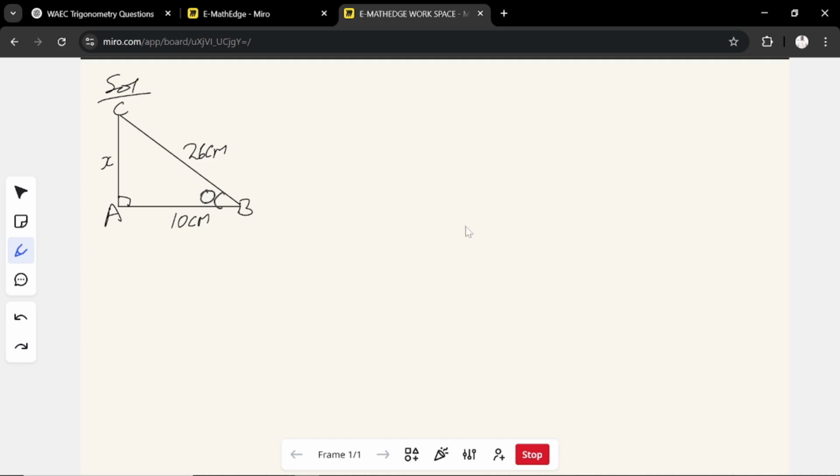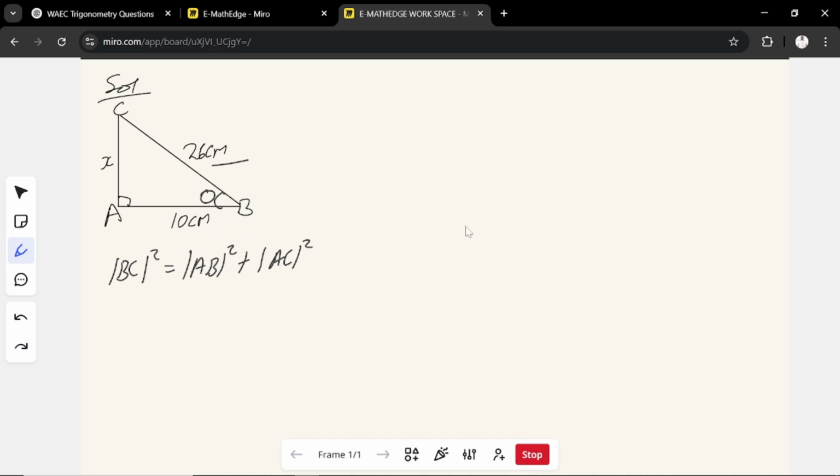So what it's actually saying is line BC square is equal to line AB square plus line AC square. Mind you, this is the hypotenuse side, which is BC, right?